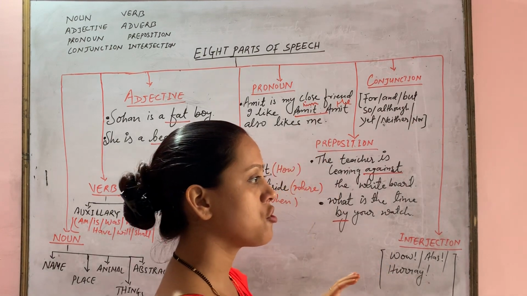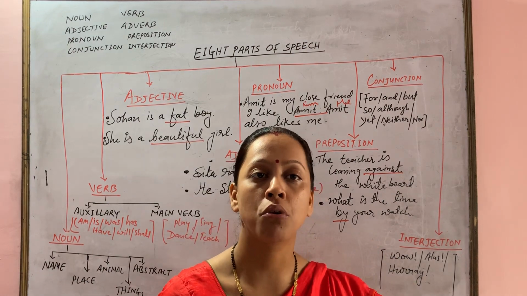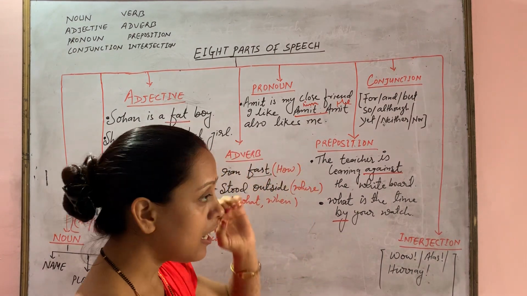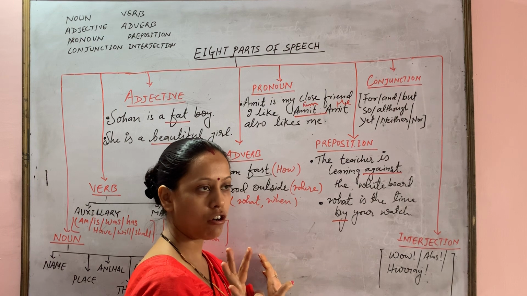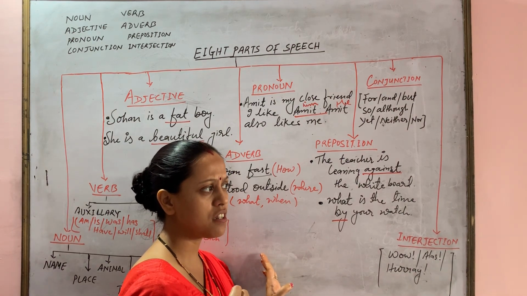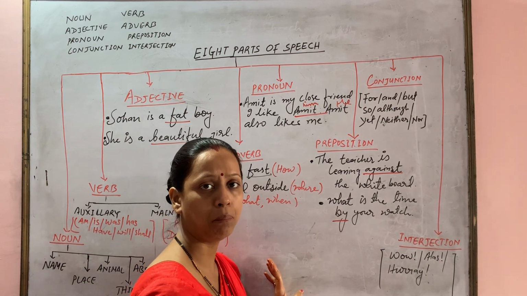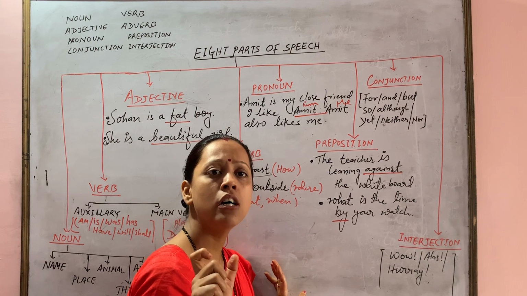So, preposition talks about the relationship of noun and pronoun to a particular thing. If I'm just like this, you will be telling that the teacher is leaning. Now, what preposition should you use here? You can use, the teacher is leaning against the wall.